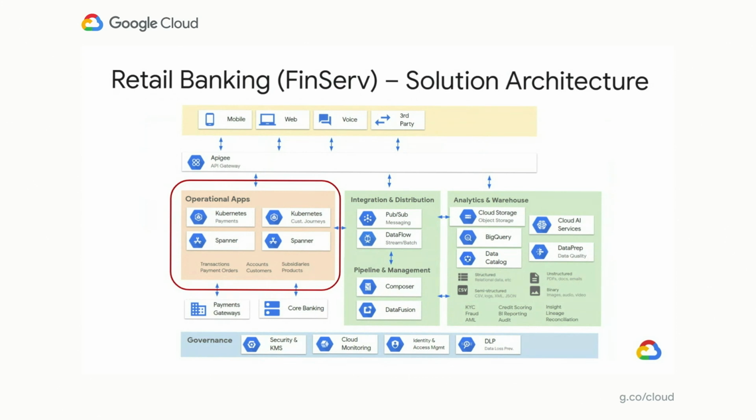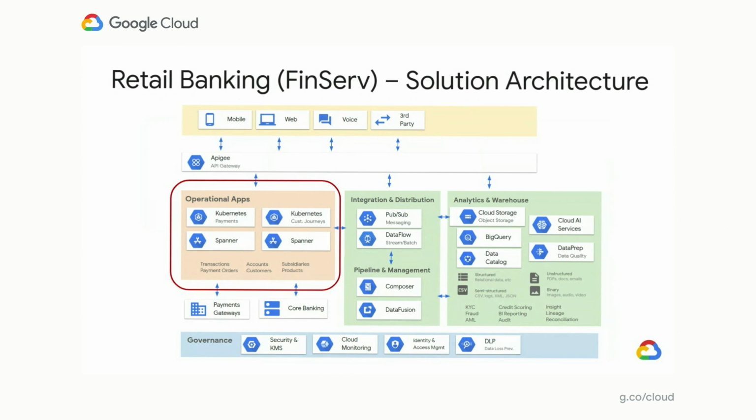The use case is a traditional retail bank which has migrated to Spanner. In this day and age, they have an omni-channel way for their customers to access the same financial data and transact with it through mobile, through web, through voice, and even third party. This is shown at the top of the slide.